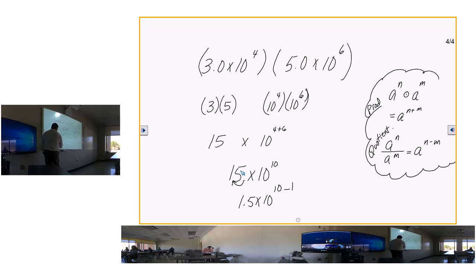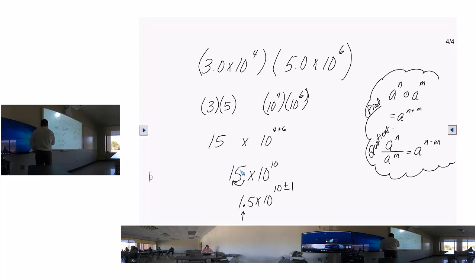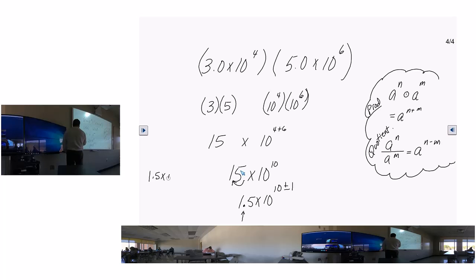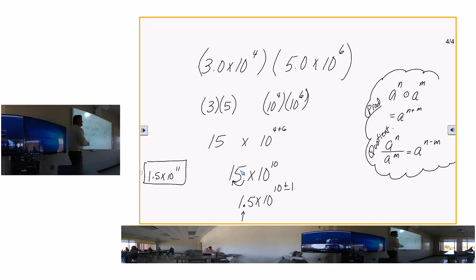Which way do you move this decimal in your head to get it back the way it was? To the right. And your answer to this question is 1.5 times 10 to the 11th power. And for every 10 students that I teach, and don't go over this, 5 or 6 will get this wrong and have a 9 here.